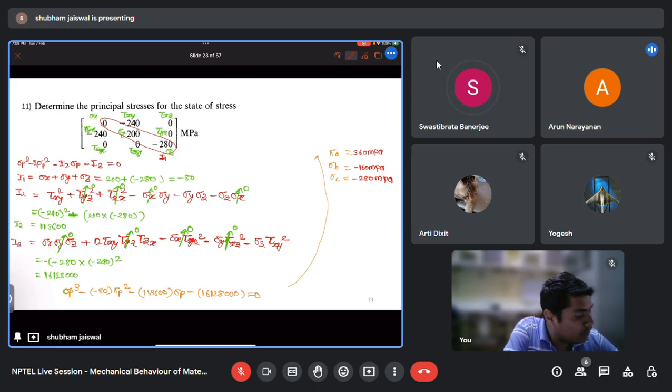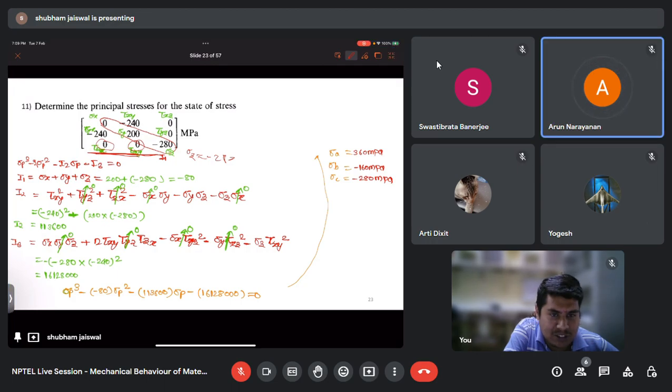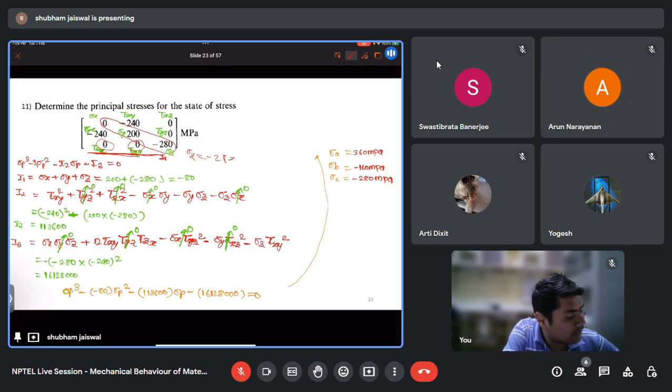Okay. Yes, sir. So instead of solving all this, we could have just looked at this matrix, and only on the face where sigma z is equal to minus 280 no shear stresses were acting. Am I correct? Yes, sir. So the simple value we can take as principal stress is 280.